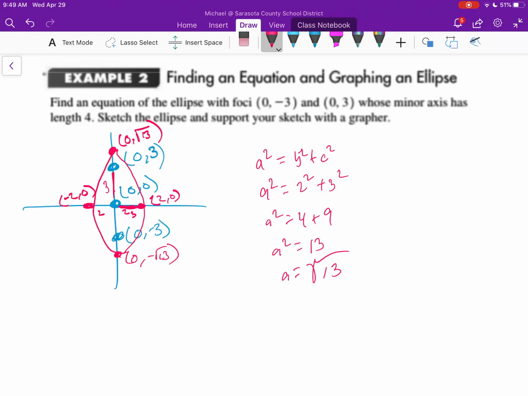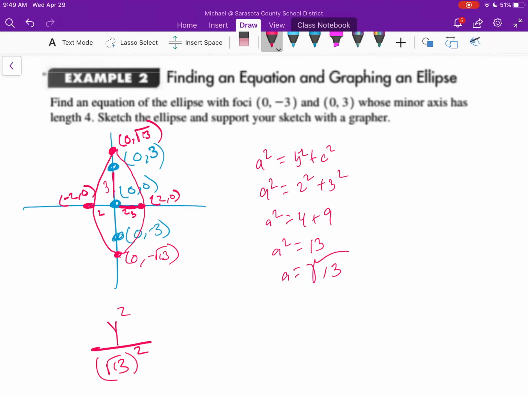Okay, so now let's look at what the actual equation is going to look like. I know it's represented vertically, so we put the y first. And remember, you put the larger distance with the larger denominator.